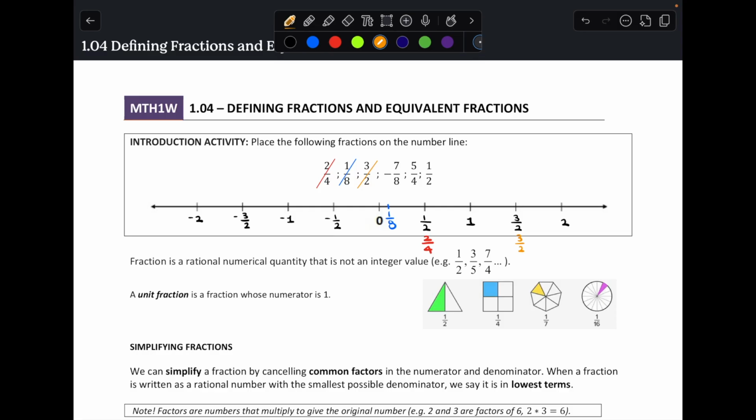Next, we have negative 7 over 8. Negative 7 over 8 gives us a decimal of negative 0.875, which would be between negative 1 over 2 and negative 1.